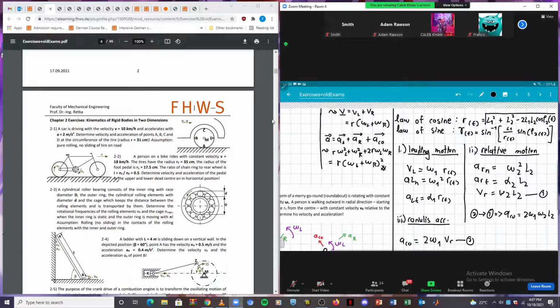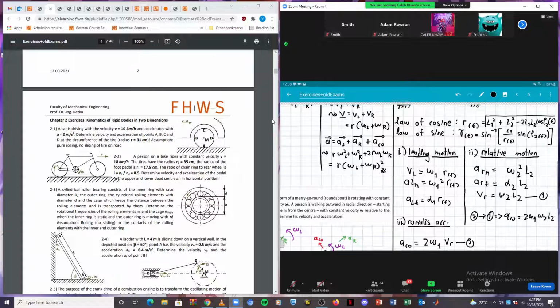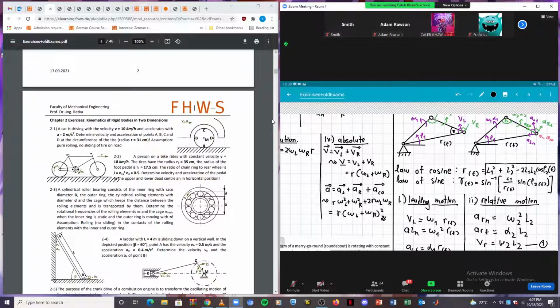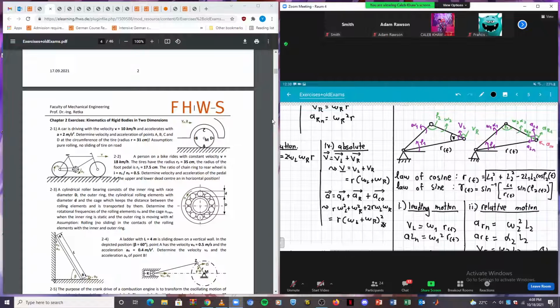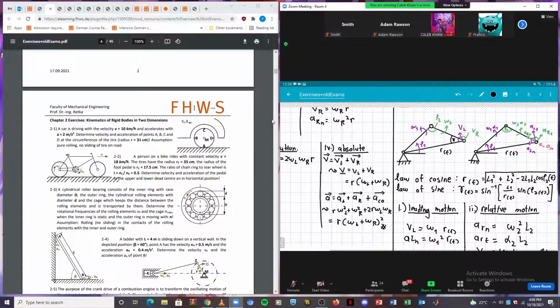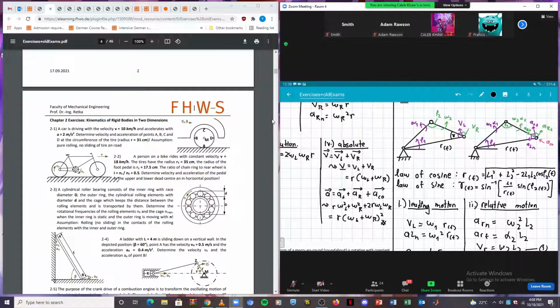Now here, in the previous examples, our vectors were always perpendicular to each other, like in the merry-go-round that you have right here on the side. And here in this example, they are not perpendicular. So leading and relative motion are not perpendicular to each other. There's an angle in between, the angle gamma. So you have to decompose at least one of these vectors depending on gamma.